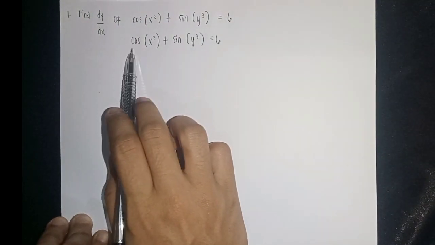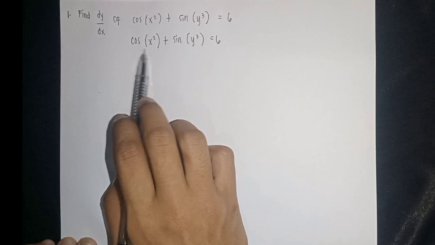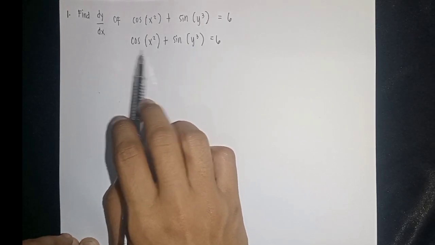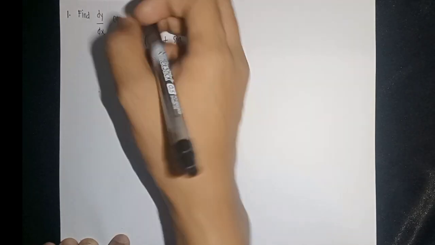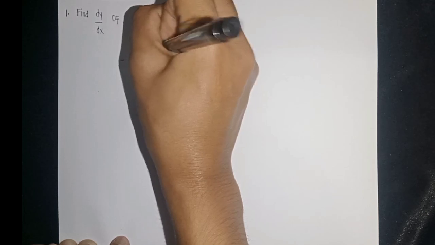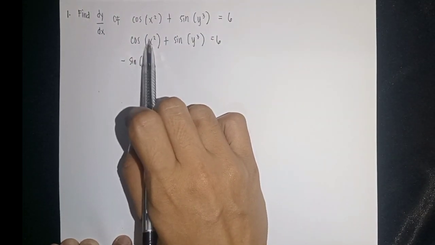So we have to put dy over dx, or multiply it with the derivative of y over dx, for us to differentiate this function.